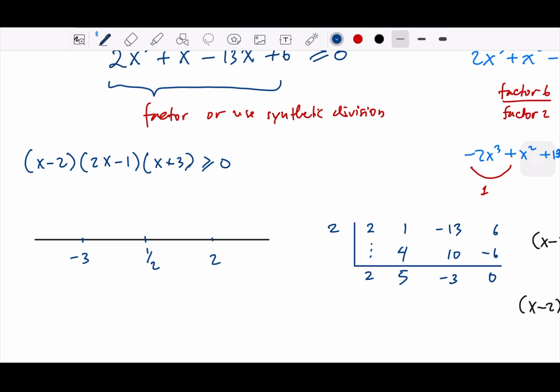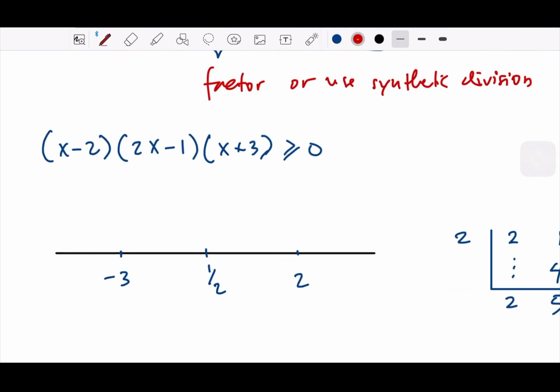Okay. And then trying some numbers from all possible intervals. Okay. So negative, negative, negative. So it should be negative.